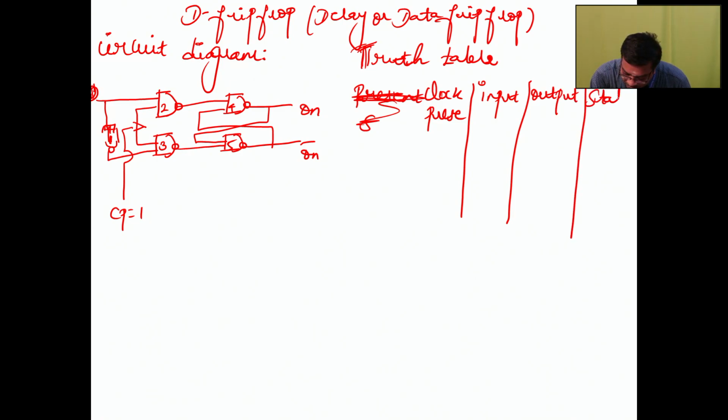When the clock pulse is 0 and the input is 0, automatically the output is no change.